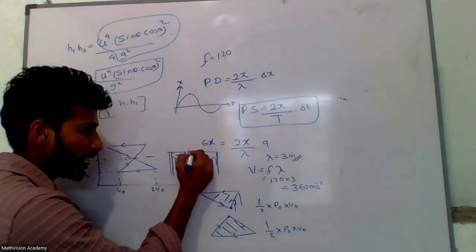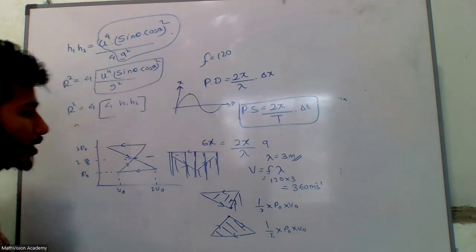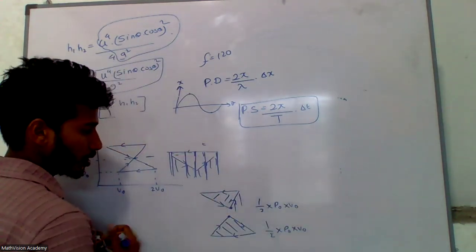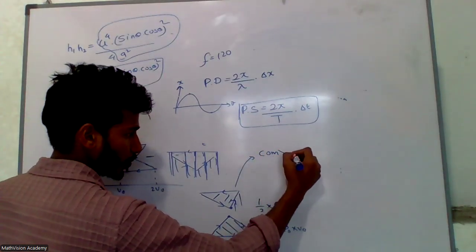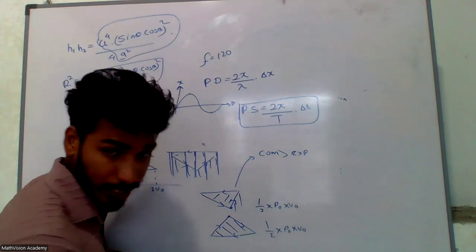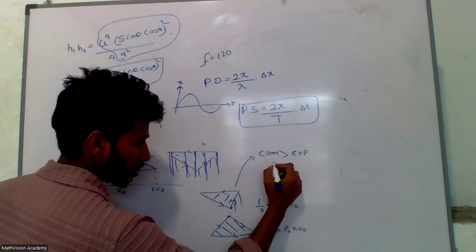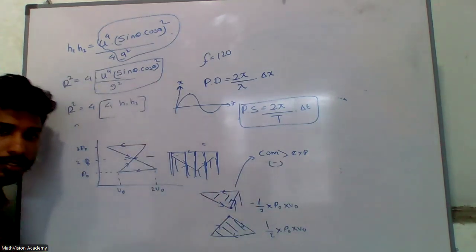So compression has a larger area than expansion. In this one, compression is larger than the expansion, so it is a negative work done. So this answer has to be minus.